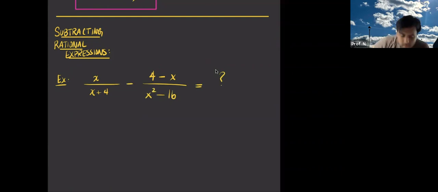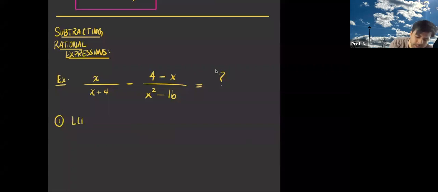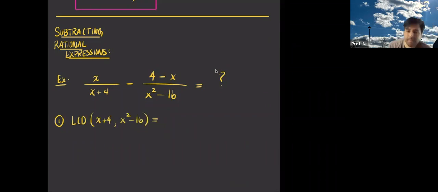So the first step is to identify the LCD. What's the LCD between x plus 4 and x squared minus 16? What would help is to factor.